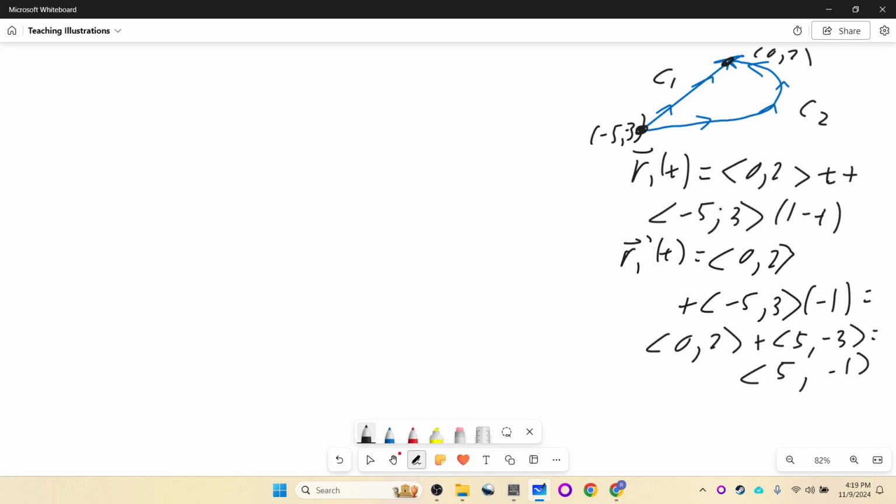Oh, back here, this was negative 3. That's negative 3. So this should be a positive 3. So it becomes 5, 5. So then the length here, r1 prime of t, is the length of 5, 5, which would be 5 root 2.